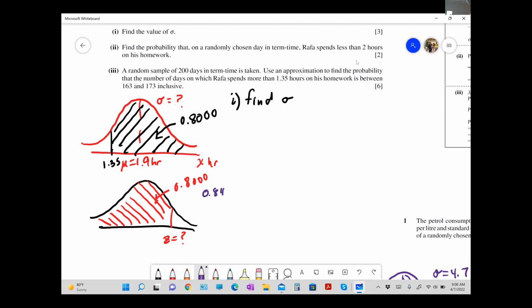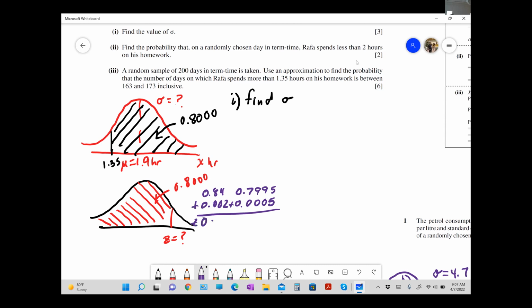0.84 is 0.7995. If we add 0.0005, it says here to add 0.002 to this. That's what it means up there. I should maybe separate that a bit because everything's bunched up.